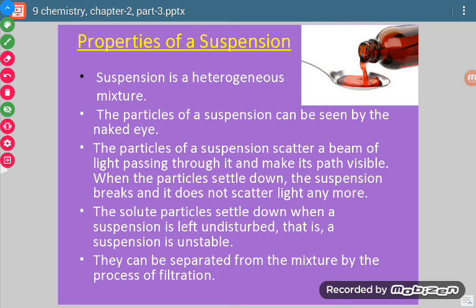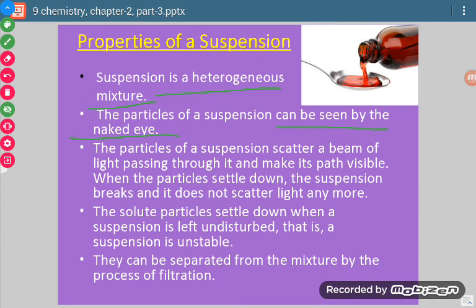So what are the properties? Very first, a suspension is a heterogeneous mixture. Second, particles of a suspension can be seen by the naked eye. Third, the particles of a suspension scatter a beam of light passing through it and make its path visible.